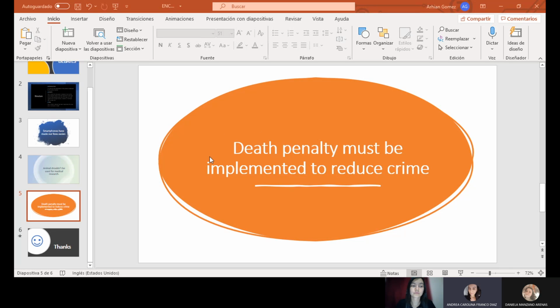Whites make up the majority of victims in death penalty cases, 76%, followed by blacks, 15%. A majority of Americans support the death penalty.